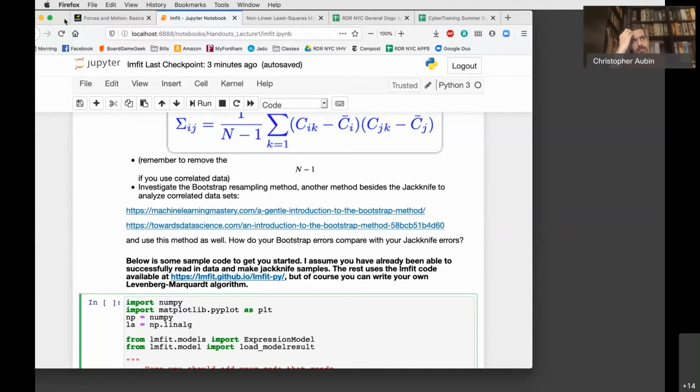And one method is not necessarily better than another, but some may be more appropriate for different situations. I don't use the bootstrap method too often, just because I can get a fairly good estimate with the Jackknife, but that doesn't mean it's not important, especially if you are going to look at someone else's results and see how they're doing it.